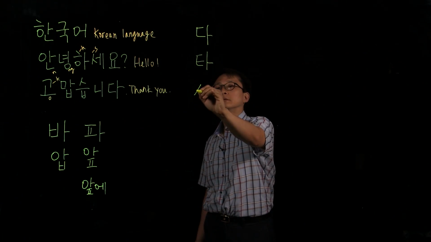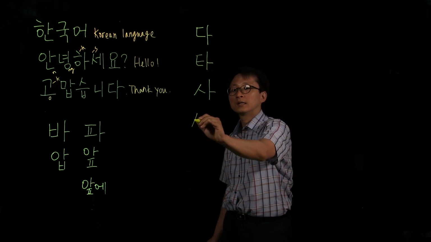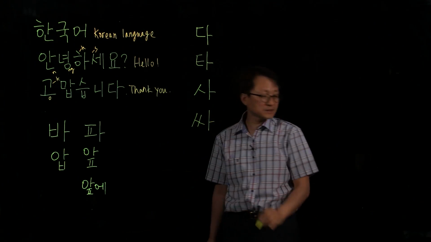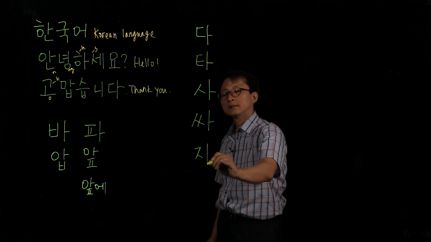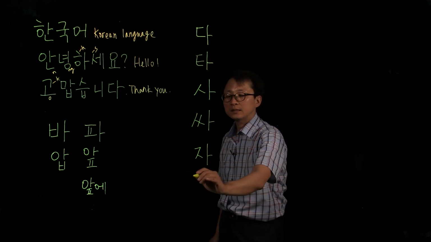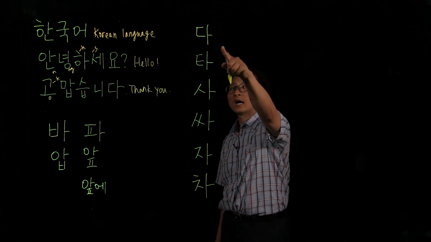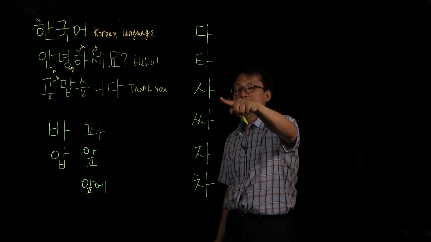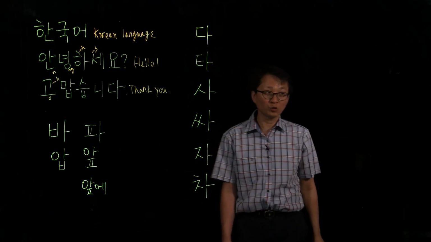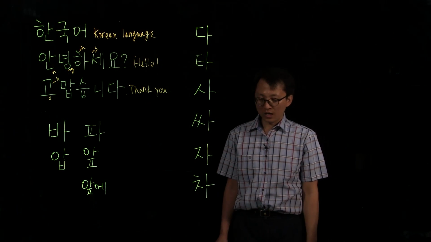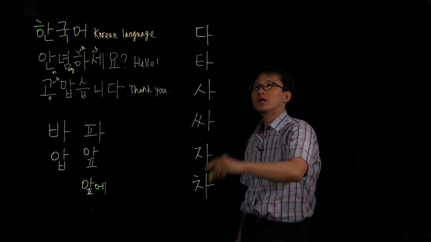And this one, sa, sa, cha, cha. Ta, ta, sa, sa, cha, cha. So you can read them, right? Okay, let's write syllables, putting them at the syllable final position.